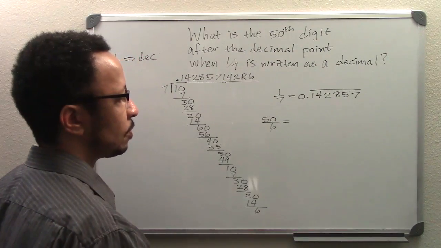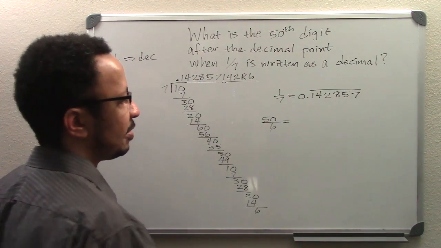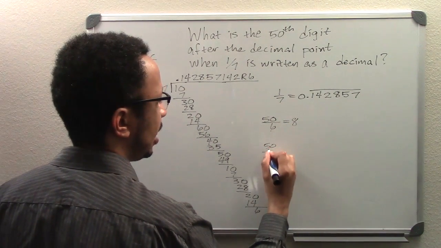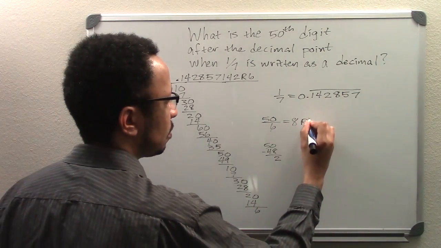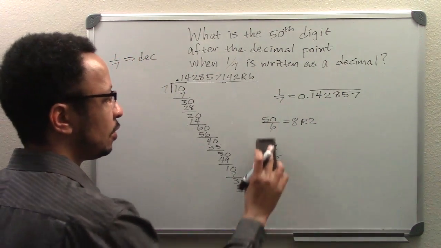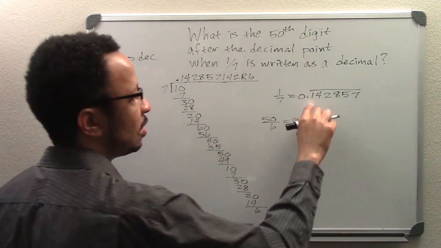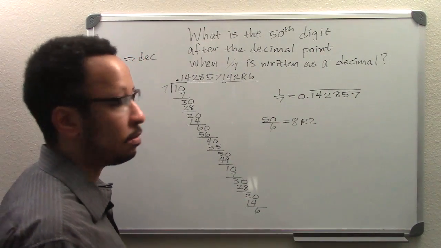6 goes into 50 how many times? Well, 6 times 8 is 48. And 50 minus 48 leaves us with a remainder of 2. So that's 8 remainder 2. So we will have gone through this cycle 8 times completely and then have a remainder of 2.